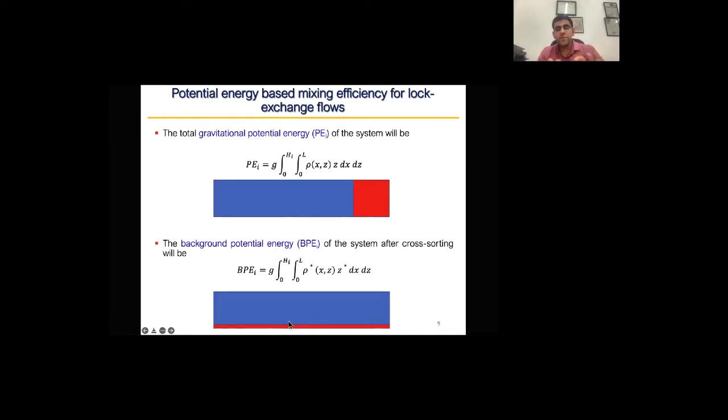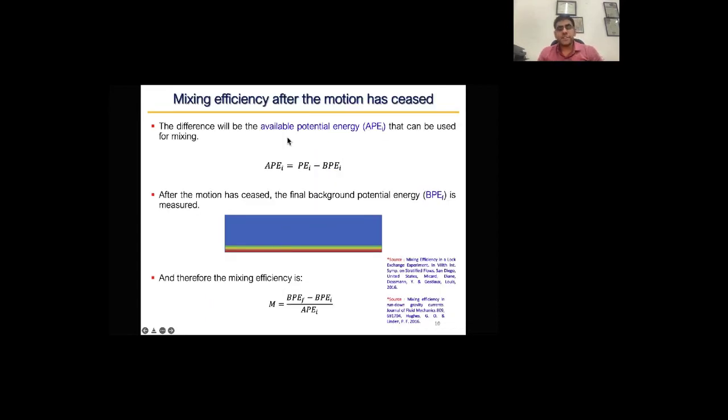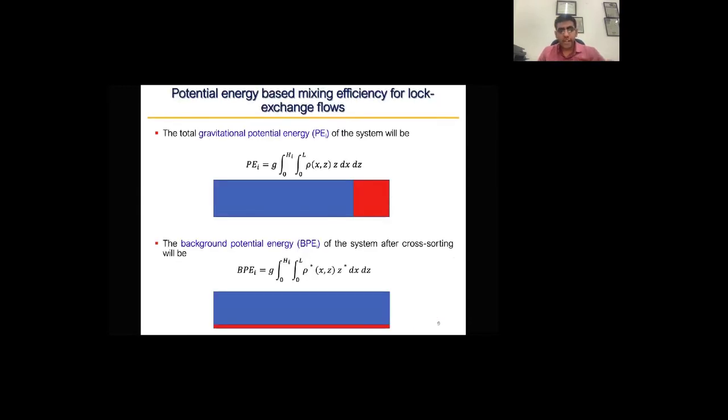So find the background potential energy of the initial configuration. The difference between the potential energy and the background potential energy gives you something known as available potential energy, which is available for mixing. This is the total energy that is available to me for mixing after doing this cross sorting.